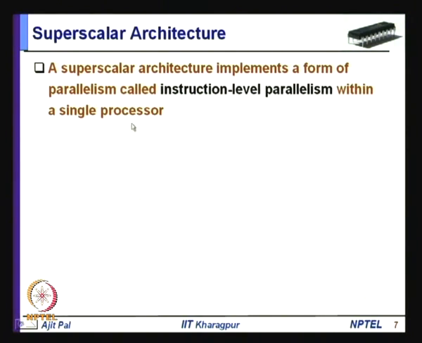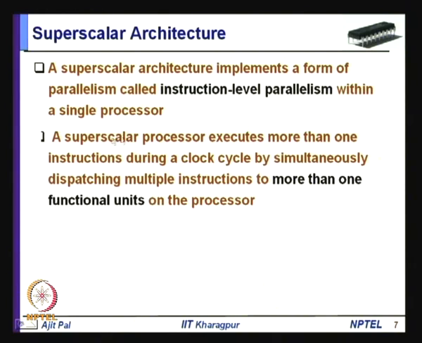So, essentially within a single processor you are having multiple functional units, where parallelism is exploited using instruction level parallelism. And a superscalar processor executes more than one instruction during a single clock cycle by simultaneously dispatching multiple instructions to more than one functional unit on the processor.